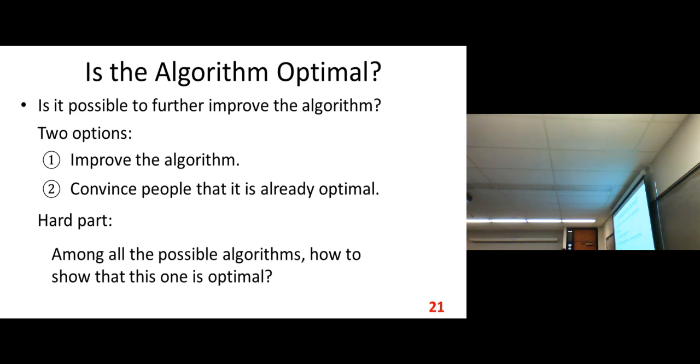Among all the possible algorithms, how do we interpret optimality? How to show that this one is optimal?